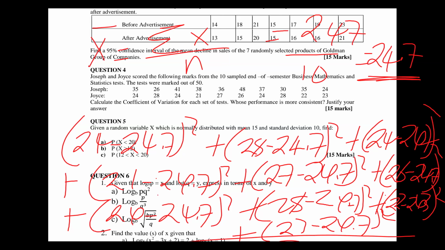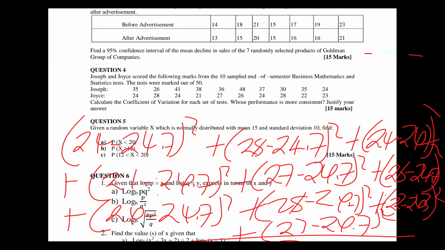Now, if you have done the right work on top, you can deal with them one by one if you are interested. 24 minus 24.7 squared should give you 0.49. Plus 28 minus 24.7 squared should give you 10.89. Counter check, this one will repeat, giving us 0.49.